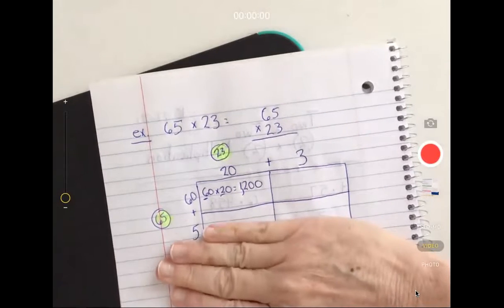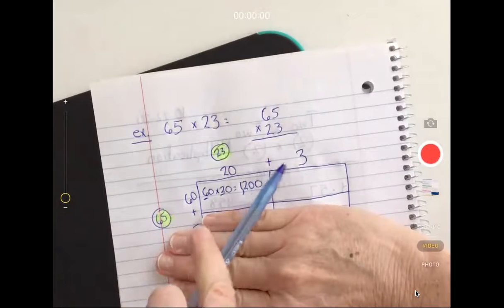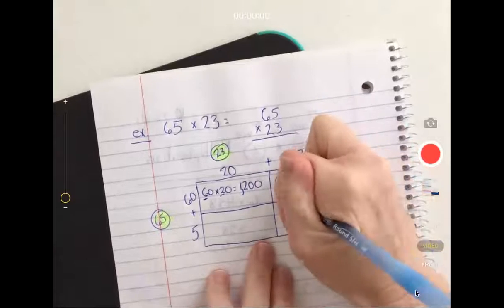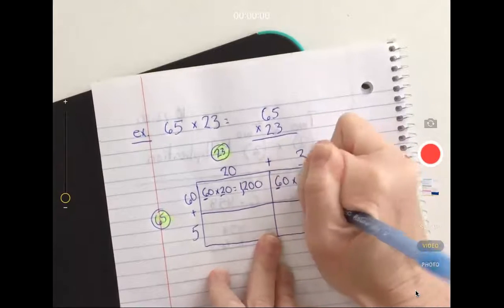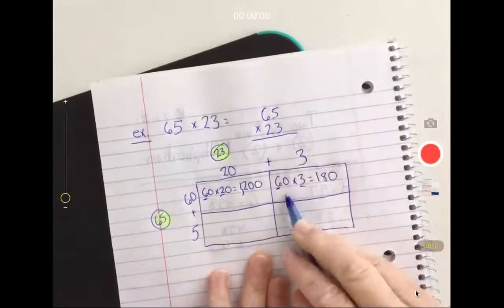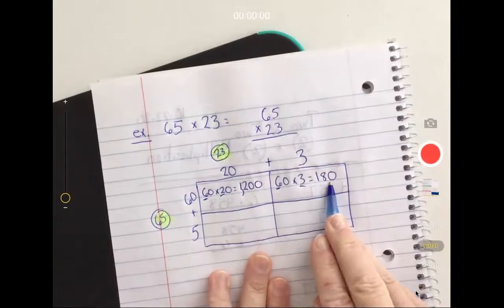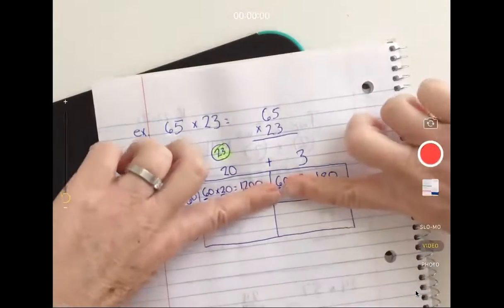Okay, remember, I'm just looking like it's this kind of an area model, a 1 by 2. 60 times 3. Let's write it out. 60 times 3. I know 6 times 3 is 18. 1 zero, so there is 1 zero. 180. All right, now we're going to cover up these guys.